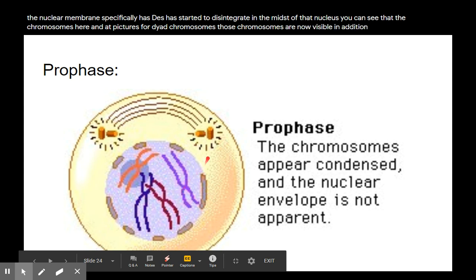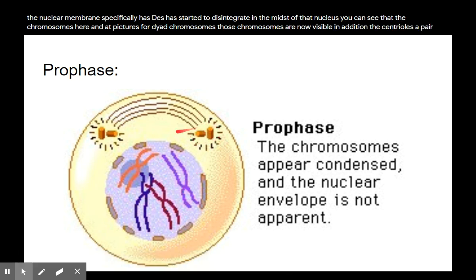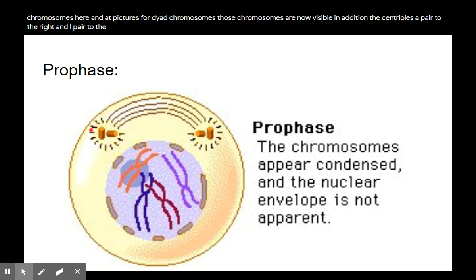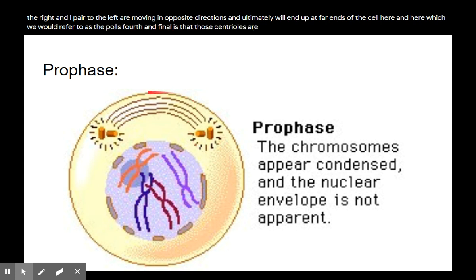In addition, the centrioles, a pair to the right and a pair to the left, are moving in opposite directions and ultimately will end up at far ends of the cell, here and here, which we would refer to as the poles. Fourth and final is that those centrioles are producing these thread-like structures that you see in the picture called spindle fibers.